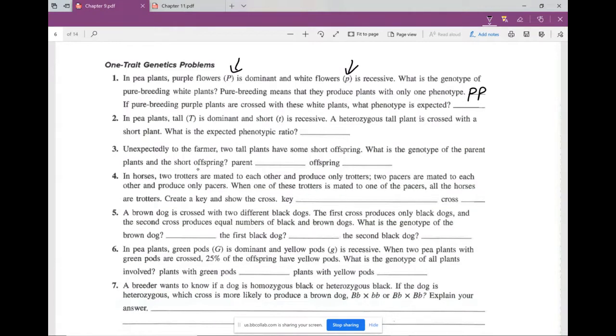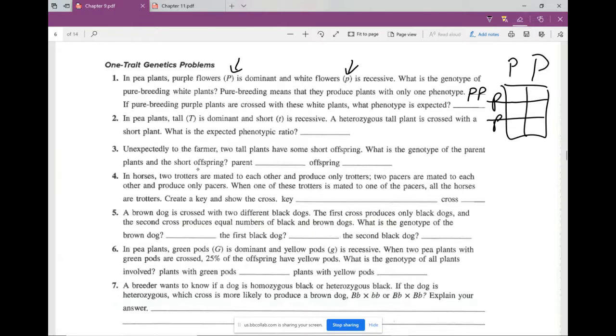If pure breeding purple plants are crossed with these white plants, what phenotype is expected? So that means we have homozygous dominant versus homozygous recessive.